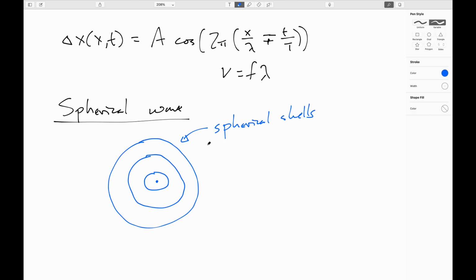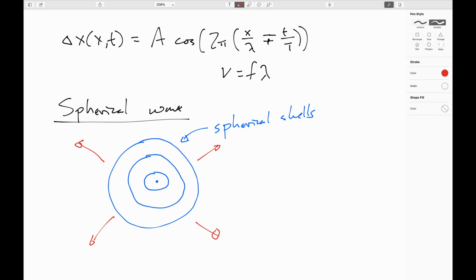So even though we look at it in a circle, when we see something like this, we always visualize it as nested spheres. And what we think is that the crests are propagating out in all directions. Now there's a bit of an issue as frequencies get higher.